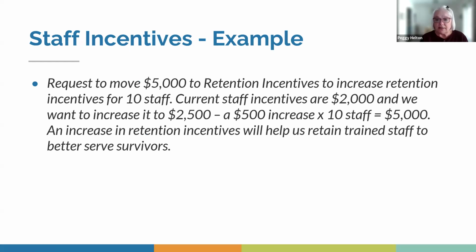So your current incentives are $2,000 each. You want to increase that to $2,500 each, which is a $500 increase times 10 staff. That's where you get your $5,000. And then why you're wanting to increase that is that the increase of retention incentives will help you retain trained staff to better serve survivors.